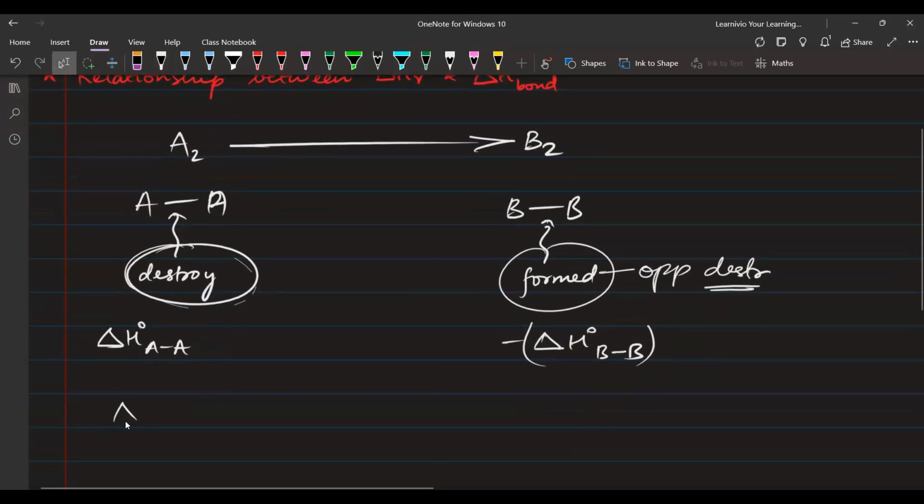So every reaction, we can say that it is the sum of two things. Delta H naught reaction will be equal to delta H naught of the reactant bond, ठीक है, plus the negative delta H naught product.